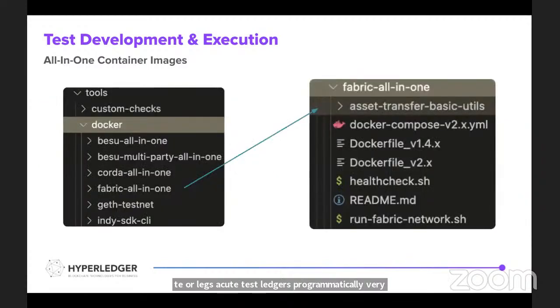And this is done in, let's say, 2 steps. The first one, you have a Dockerfile that implements one of the test ledgers, for example, the Fabric all-in-one, which has the definition of a Fabric version 1.4 network and a Fabric version 2 network.